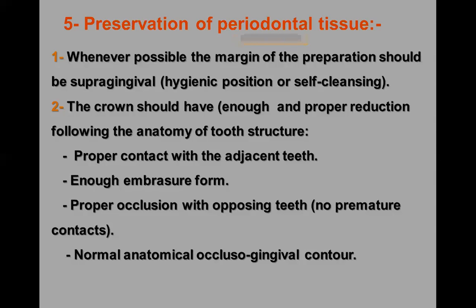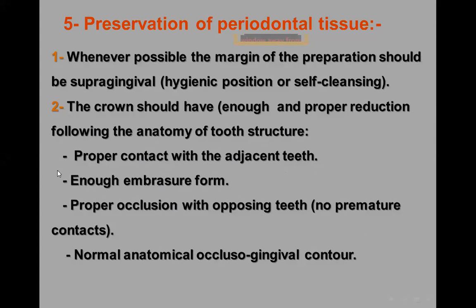Now, the other thing is the crown should have enough and proper reduction following the anatomical structure to make the contact area of the adjacent teeth properly done, with enough embrasure. The embrasure is the area between the teeth, and it may be done very well, with a proper occlusion with the opposing teeth. So all these will lead to what?